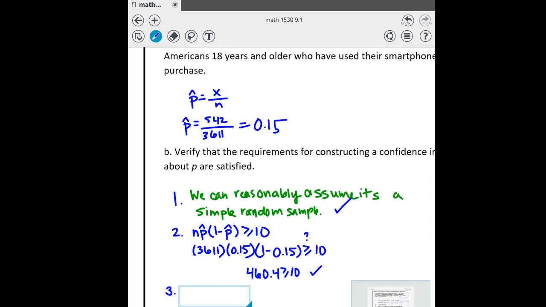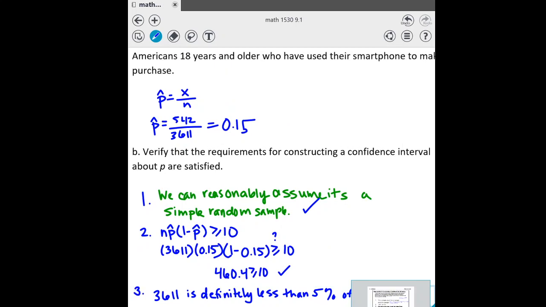So we can say 3,611 is definitely less than 5% of the population. Now, I don't know the population of adult Americans, but it's in the millions, right?